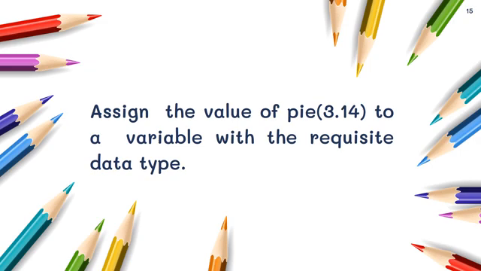Float or double we can use. For example, if you are using float data type, we have to write float p equal to 3.14f. So float is the data type, p is the variable, 3.14 is the value, and we can add the suffix f.